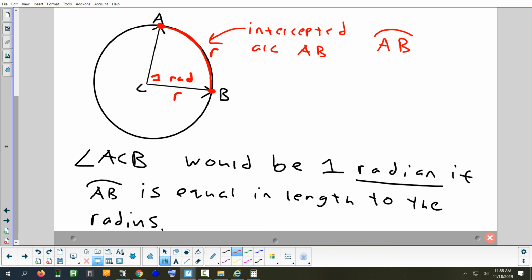I'm just trying to show you a connection between the word radius and radian. Still doesn't explain how you convert from degrees to radians. Doesn't tell you how many degrees are in a radian, anything like that. But if you sketch a picture and that arc is exactly the same size as the radius, you just drew a picture of one radian.